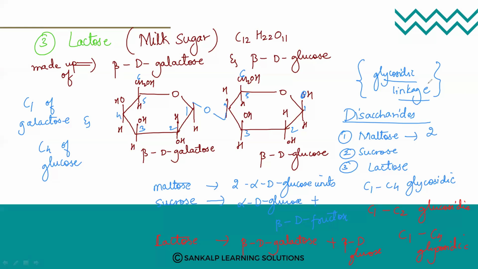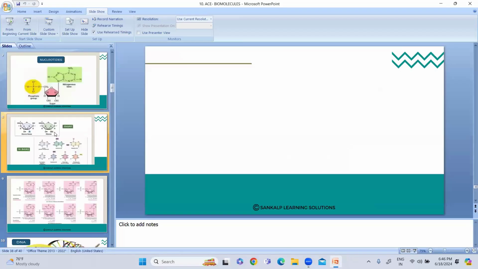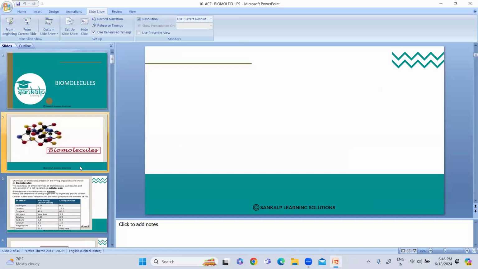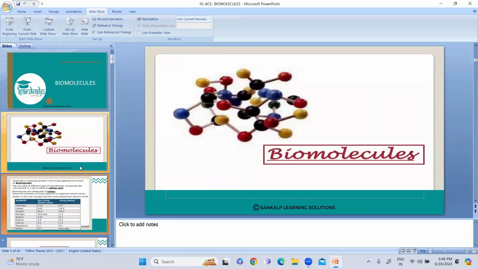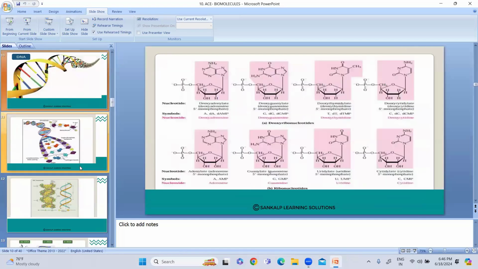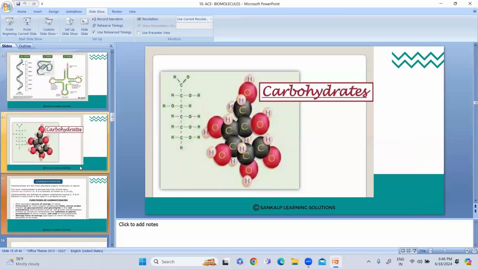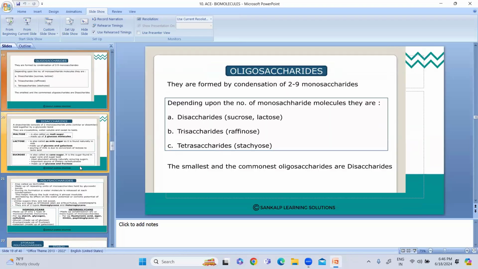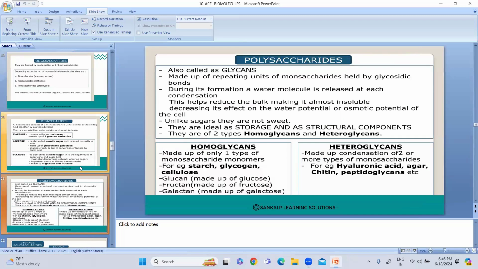So we have completed monosaccharides and we have completed disaccharides.